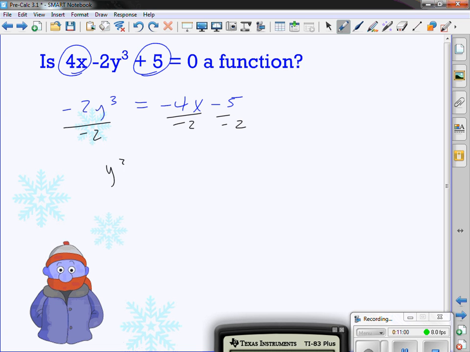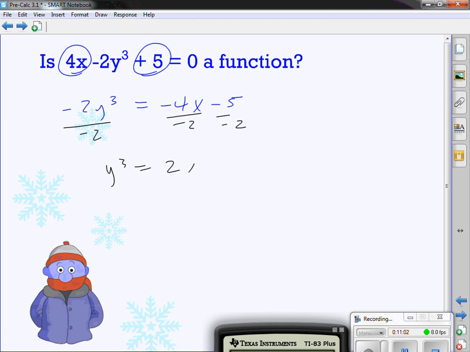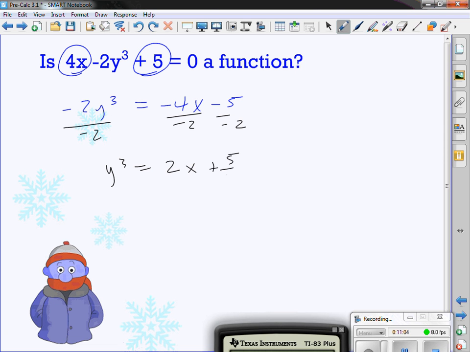Y cubed equals (2x plus 5) over 2. How do I get rid of y cubed? Take the cube root. Y equals the cube root of (2x plus 5) over 2. Could I type this in the calculator? Yes, then it's a function.